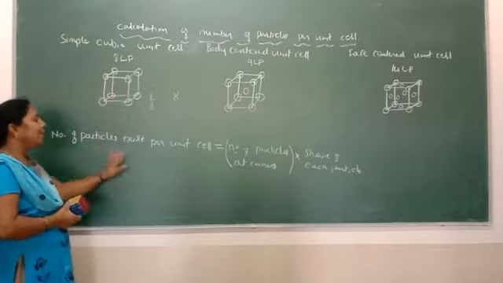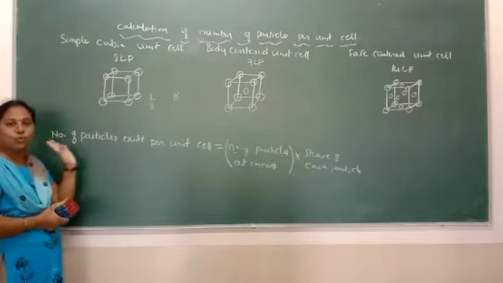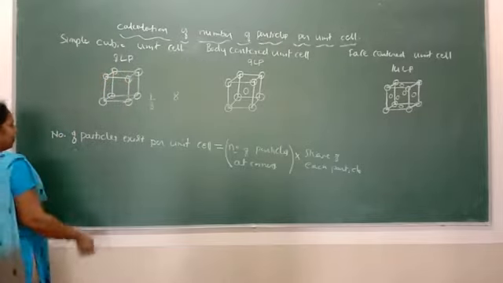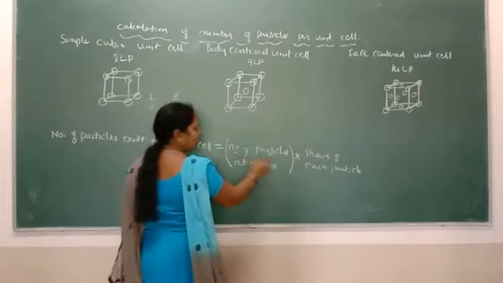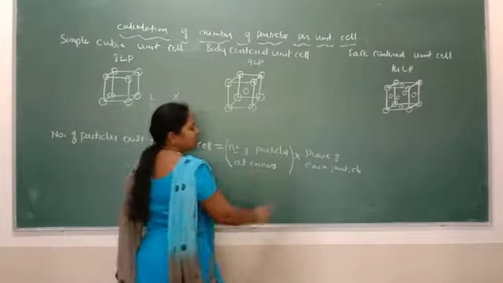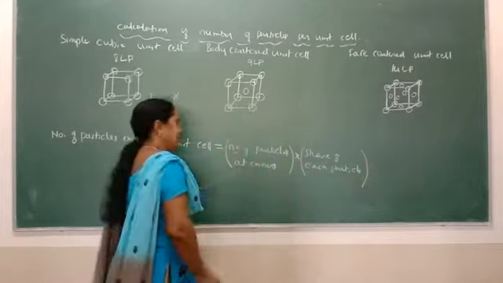Totally, how many particles exist per unit cell in case of simple cubic is calculated by using the formula: number of particles that exist per unit cell is equal to number of particles that exist at the corners into share of each particle that exists at the corner.